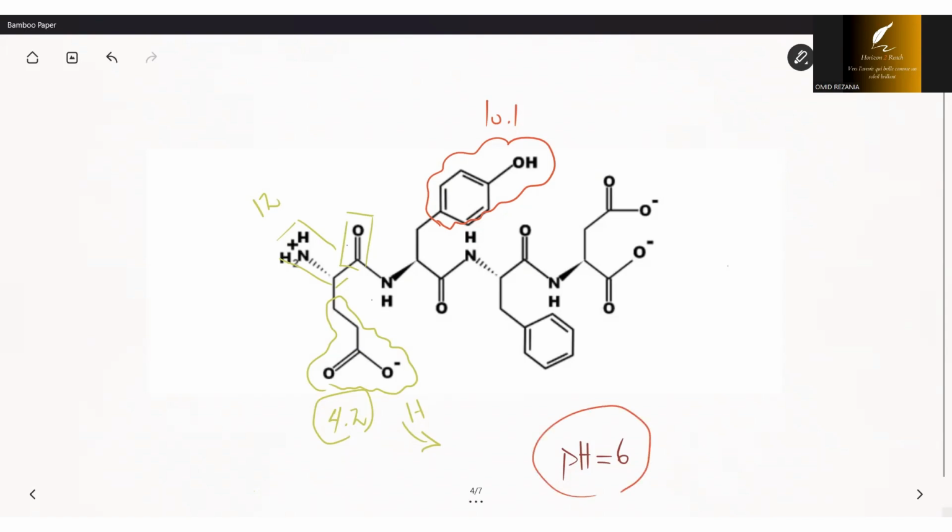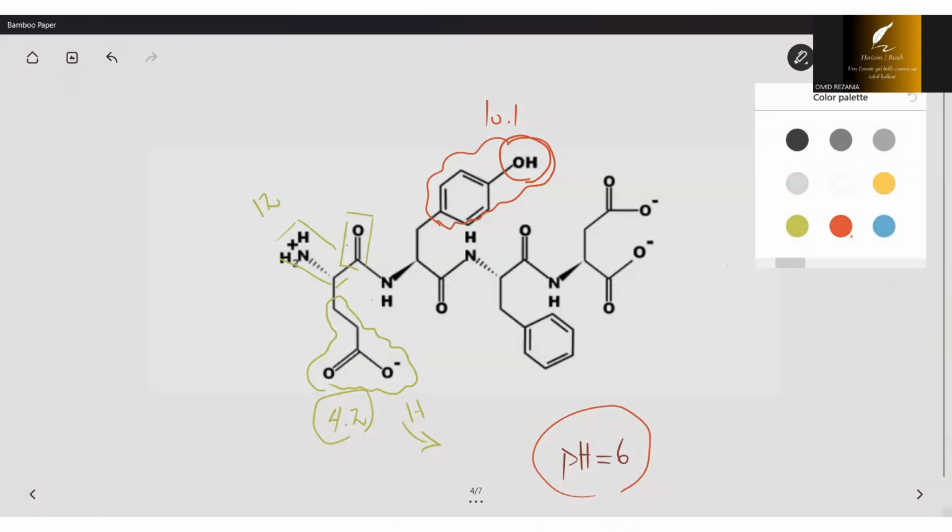Then if the environment is more acidic, it's going to push the hydrogen back there at the hydroxyl. The hydroxyl remains there because you cannot add more hydrogen. If it was more basic, as you're going to see next week, in its basic environment the H is going to leave the hydroxyl group of the tyrosine, but it remains there.